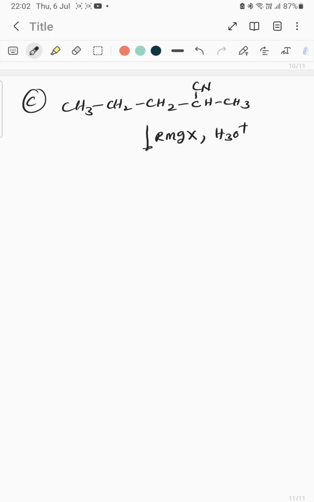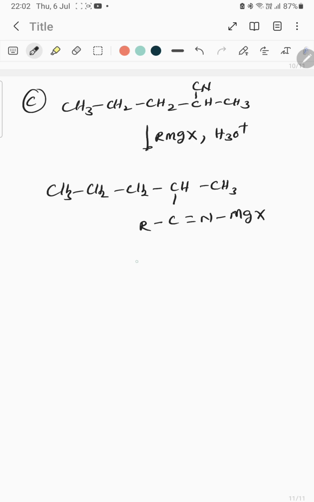Simply, if a cyanide reacts with a Grignard reagent, followed by hydrolysis, the CN looks like this: CH3, CH2, CH2, CH, CH3, here C triple bond N. Here we are adding the R, here we are adding the MgX.